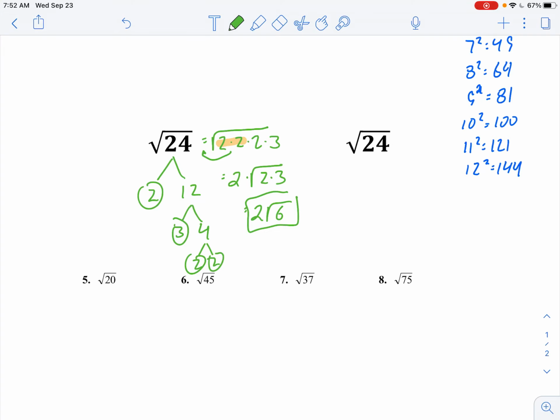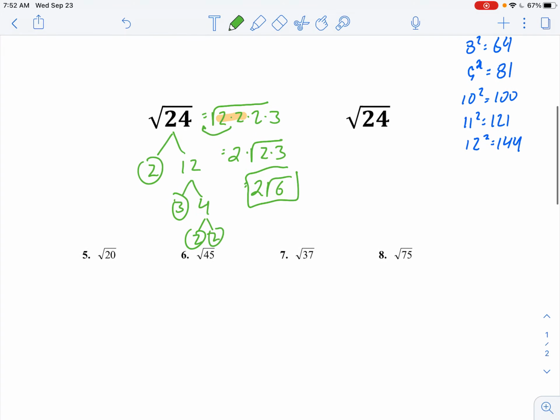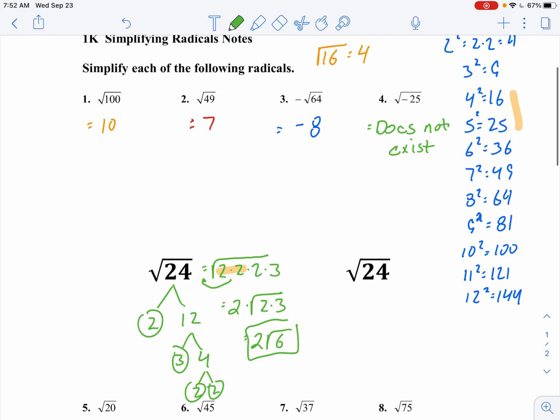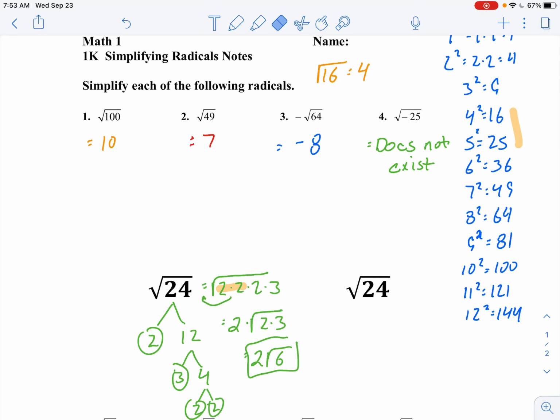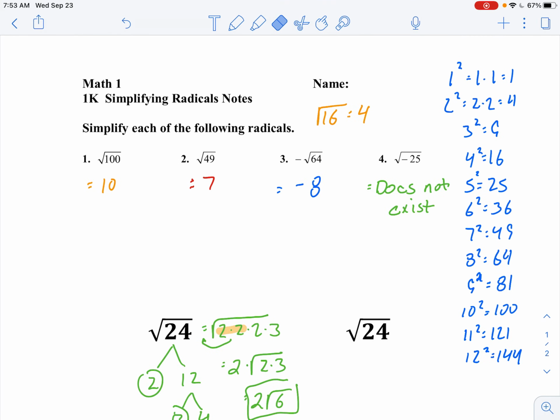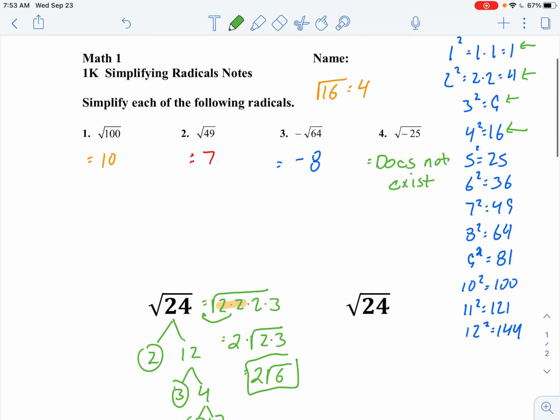I do a different method. For the square root of 24, I simply look at my list of what we call perfect squares. The perfect squares are the numbers on the right. And I know that, let's see, 1 is obviously always a factor of a number. 4 is, 9 is not, 16 is not, and all these numbers are too big.